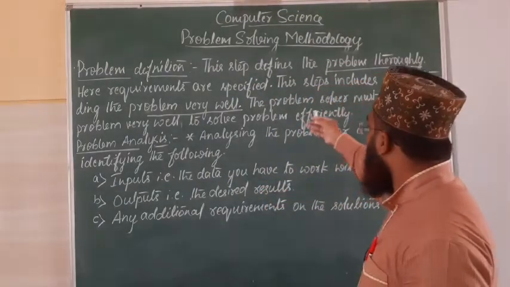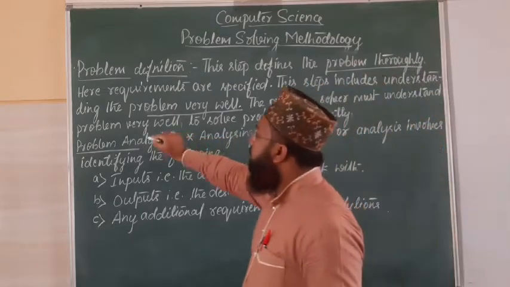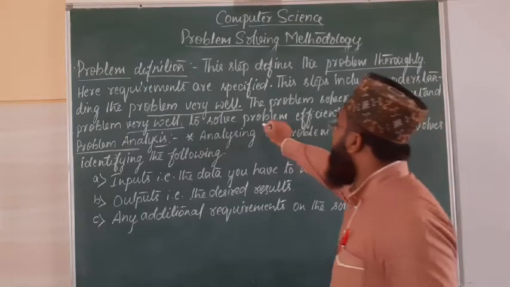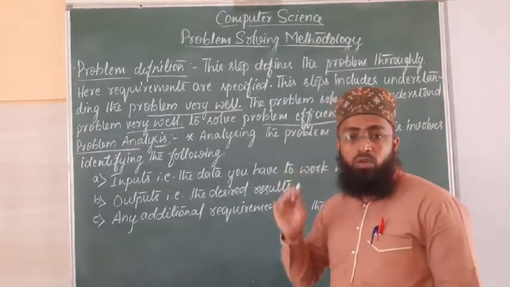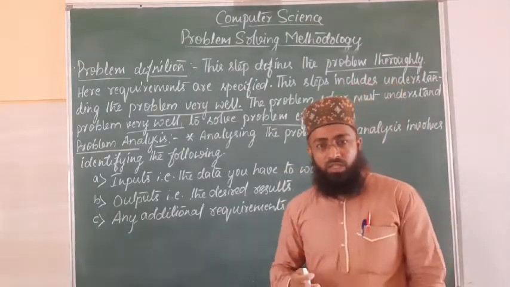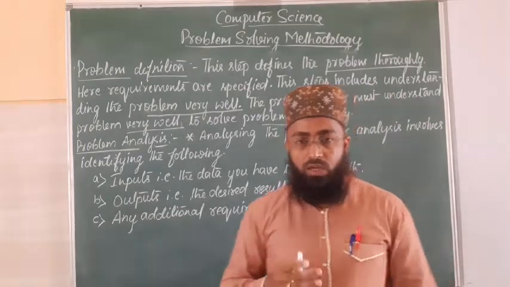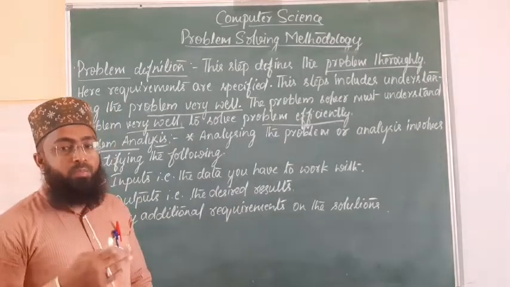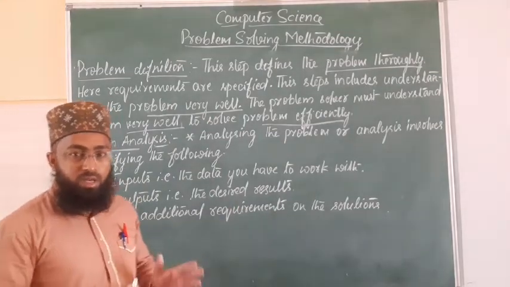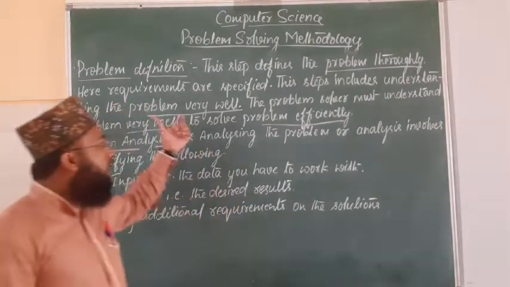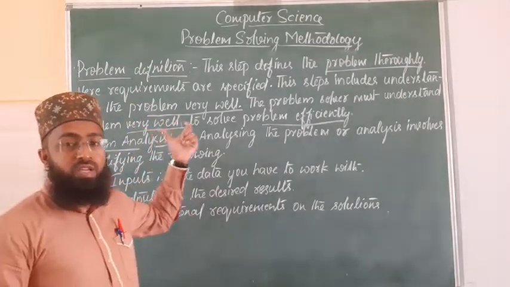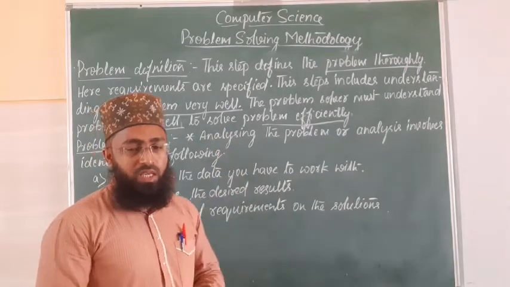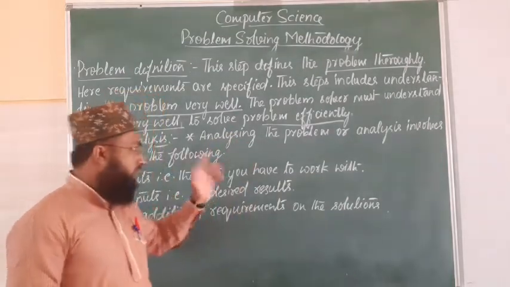After that, to solve a problem efficiently, efficiently means to solve clearly and perfectly. To solve a problem clearly and perfectly, the problem solver, that means the person who will solve the problem, should understand the problem very well. Only if he has understood the problem can he solve that problem.